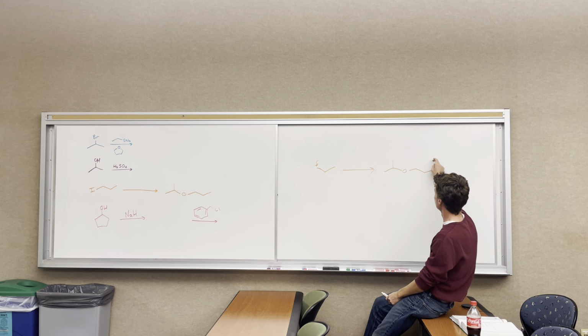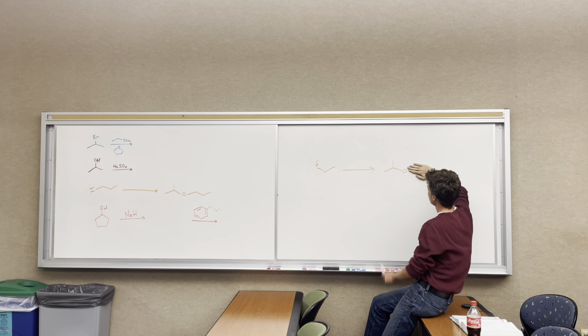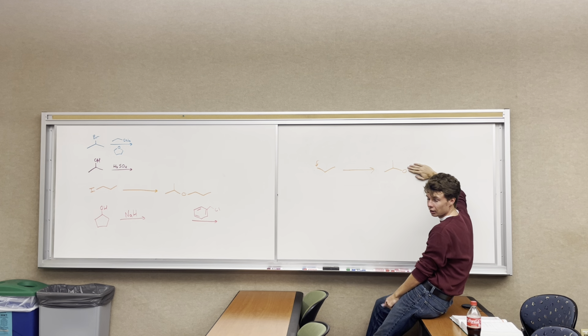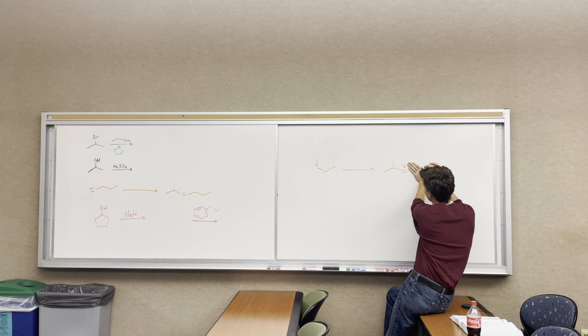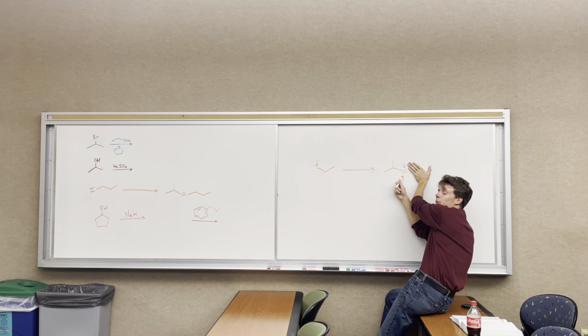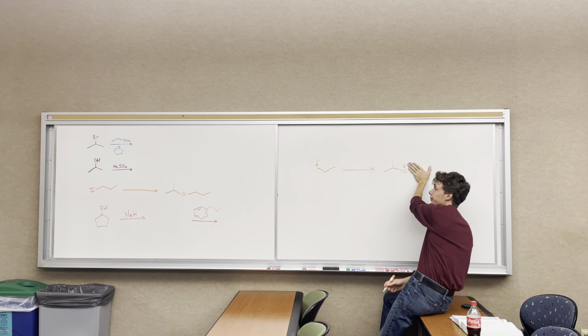We can identify this as our starting material where iodine left, and this species is what attacked it. That's all we need to do. I've identified what was the same, put a little minus charge on there. That was what attacked, okay?